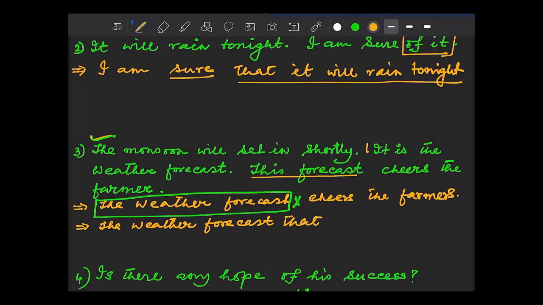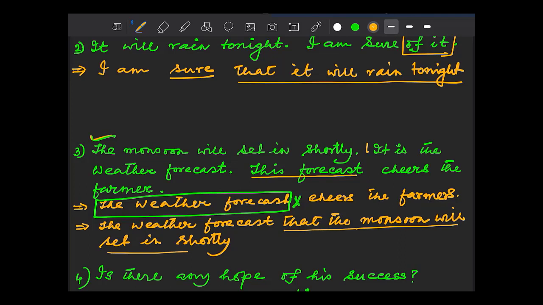That the monsoon will set in shortly, that the monsoon will set in shortly is a noun clause explaining the weather forecast as an apposition. So the weather forecast that the monsoon will set in shortly cheers the farmers.